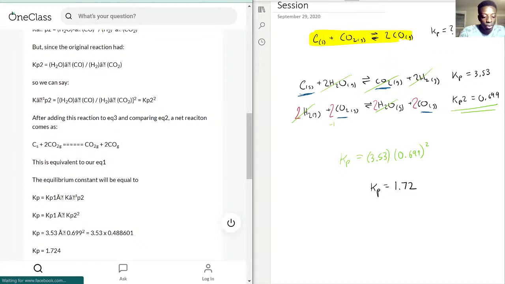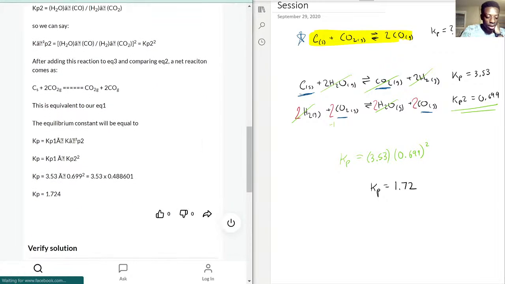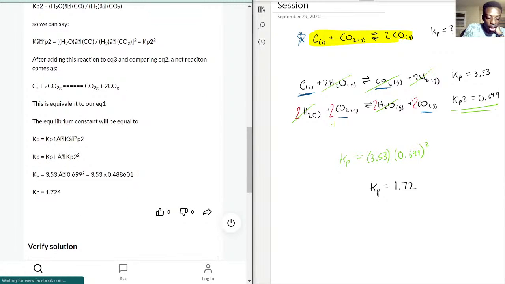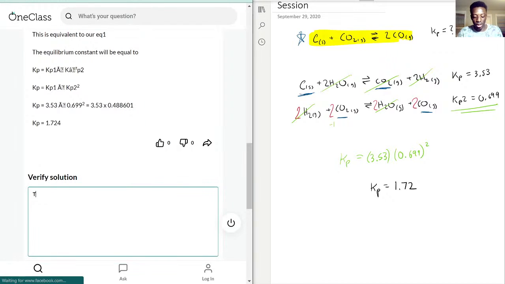But because of the little signs here and there, it's hard to read. Overall, I can see that they ended up with the same balanced equation of this, which is what we wanted. And they did say exactly, so Kp 3.53 times 0.699 squared. And that's how they got the 1.72. So this is indeed correct.